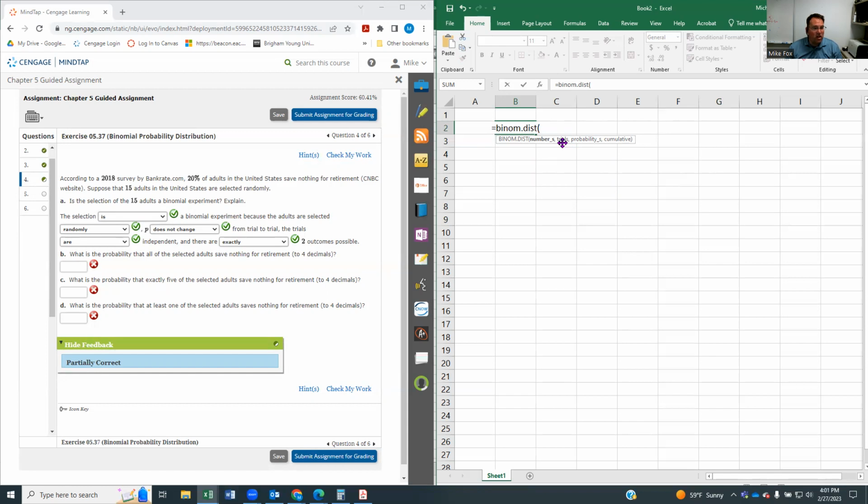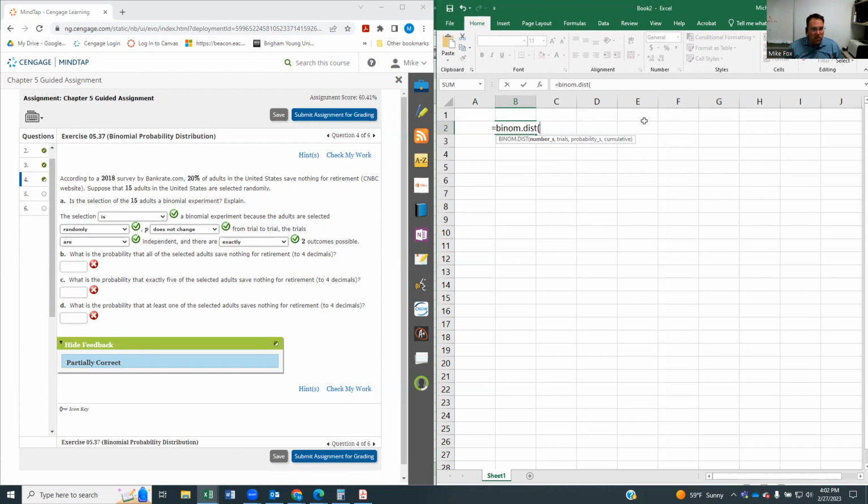So it'd be like n, the number of trials, and then the probability of success, and then cumulative. And cumulative, for these discrete variables, just means, are we trying to figure out if it's exactly a number, and I'll explain it as we go through it, or if it's that number or fewer. Okay, so that's what we're going to need.